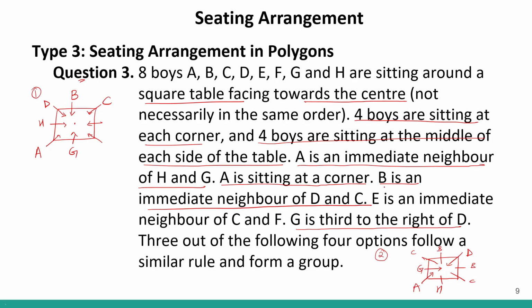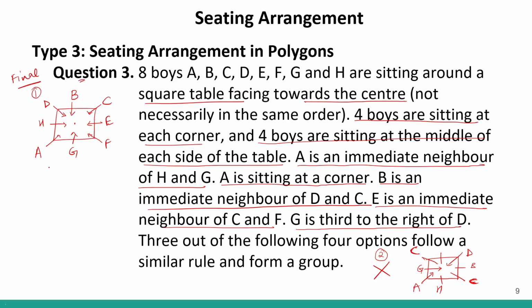Now it is given to us that E is an immediate neighbor of C and F. So F can come over here and E can come over here in possibility number 1. Over here, we have to make E the neighbor of C and F. So if C comes over here or it comes over here, I cannot make E the neighbor of C and F. So this possibility is incorrect. This one, first possibility, will be my final arrangement.